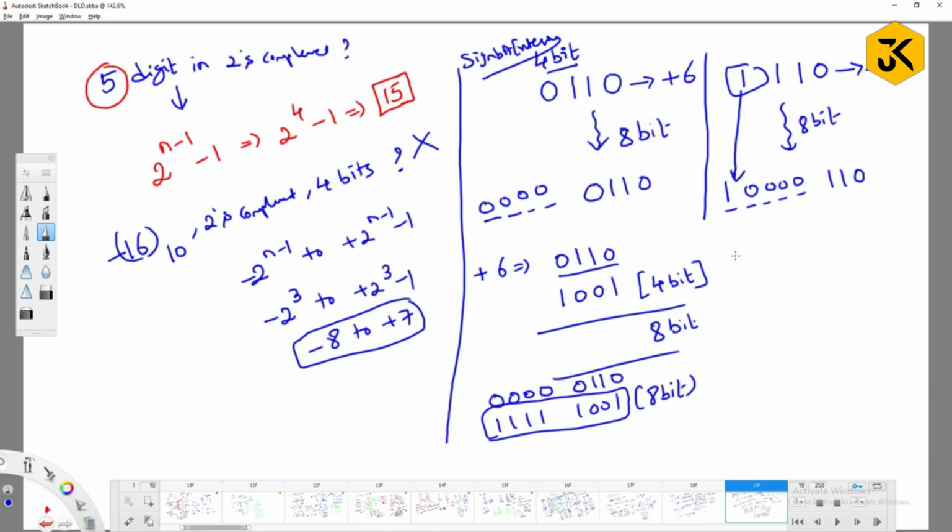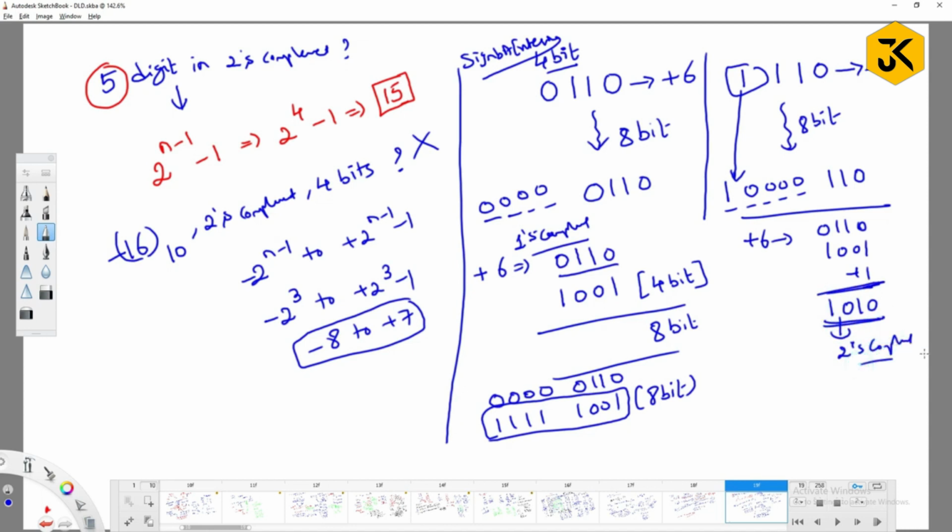What about if it is in 2's complement? This is 1's complement. What about 2's complement? Basically you have plus 6, which is 0110, and 1001 is 1's complement, and if I add plus 1, you get 2's complement, 1010. 1010 is 2's complement.